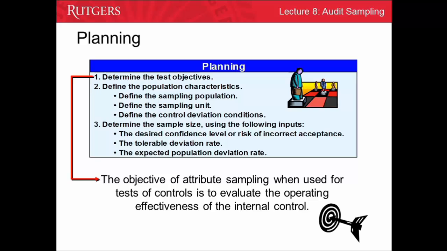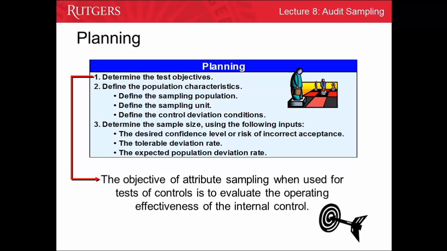So the first step in planning is to determine the test objectives. Auditing standards require that sampling applications be well planned and take into consideration the relationship of the sample to the objectives of the test.